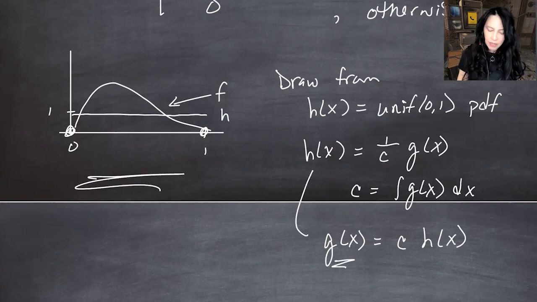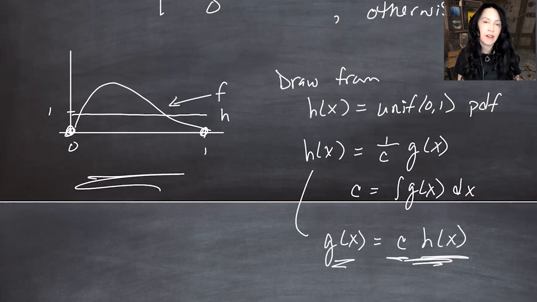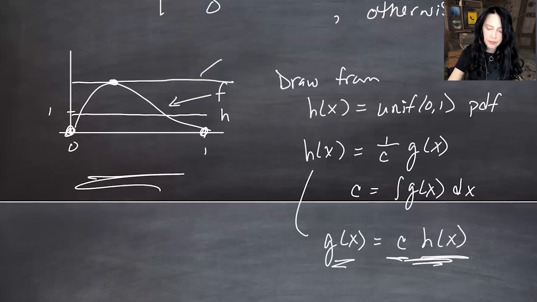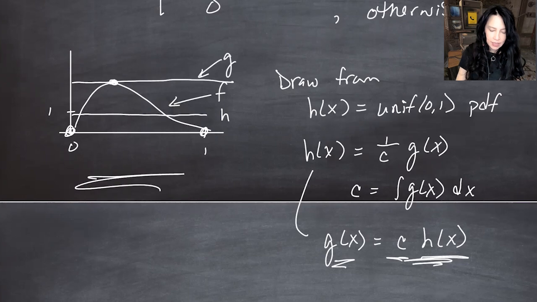And then g would be something that is the flat line multiplied by a constant. So if you want to optimize, at least for this choice of a candidate PDF, you can get that g as low as possible by finding the maximum of this function. So this is some c.